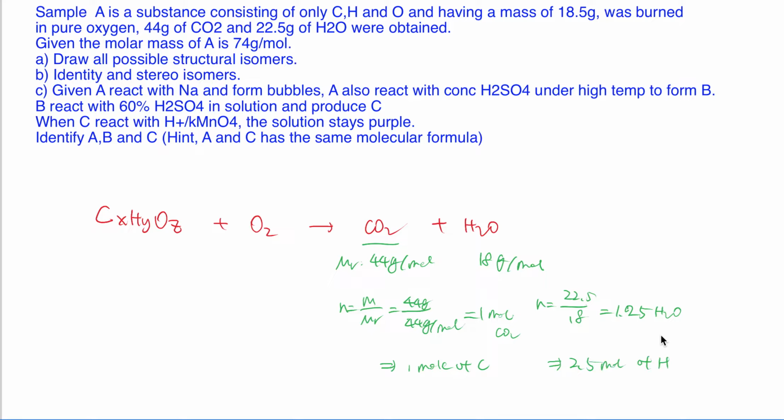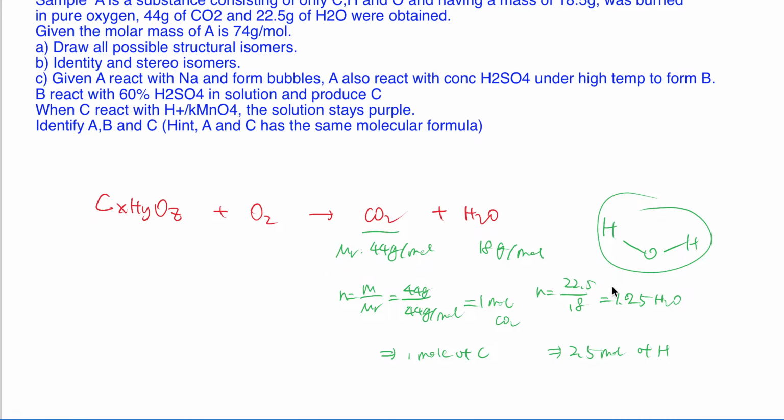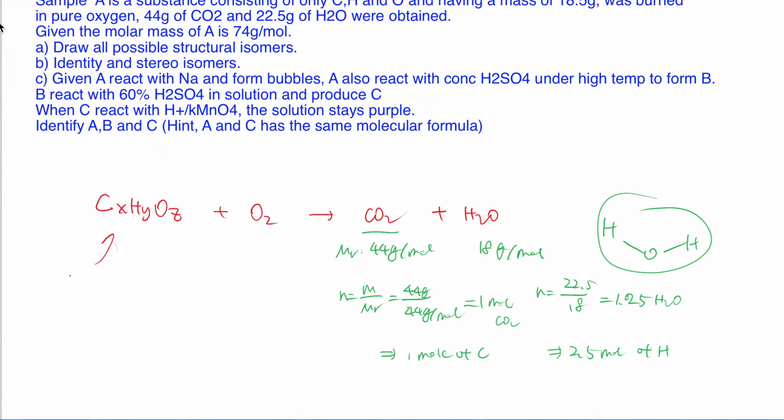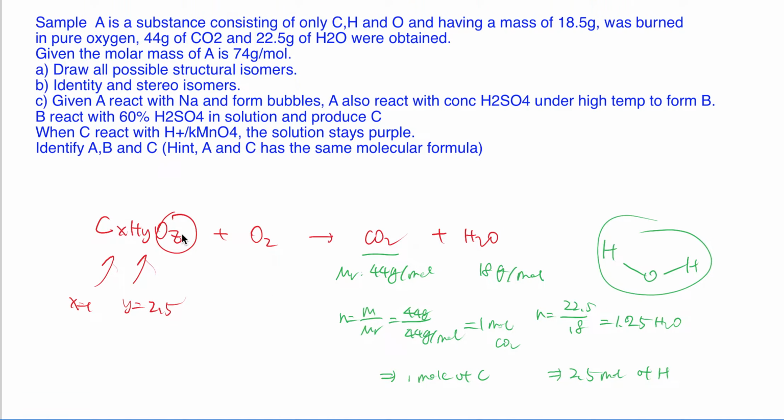Because in each water molecule, you have 2 moles of hydrogen atoms. Each mole of water molecules gives you 2 moles of hydrogen atoms. So 1 mole of carbon and 2.5 moles of hydrogen. So you know this x equals 1, and this y equals 2.5, and we just need to work out what z is.